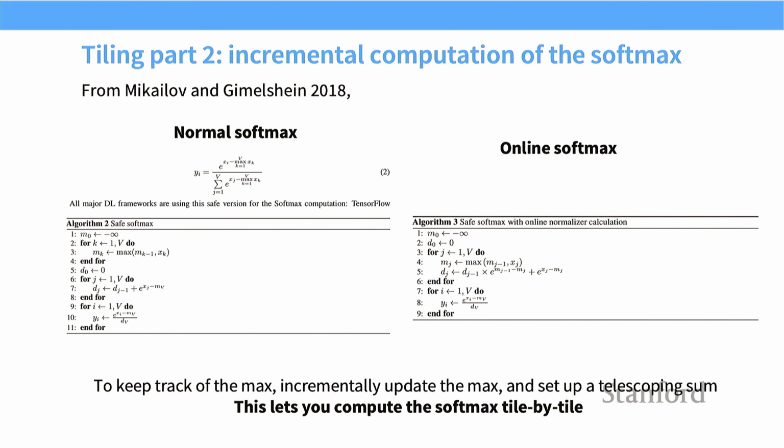So the key thing here is to use what's called the online softmax. And so what is that? If you have a stream of values, normally in the batch version of the softmax, you take all of your x1 through xn, and you would exponentiate them, sum them, and divide, right? That's what you would do in your normal softmax. And then you would maybe compute the maximum value and subtract that in order to make this numerically stable, right?